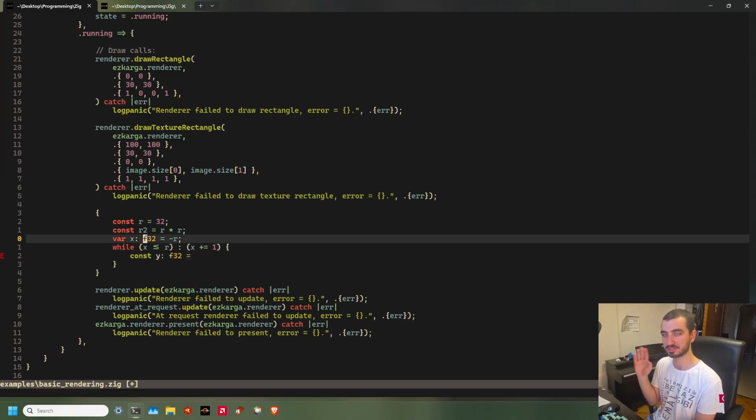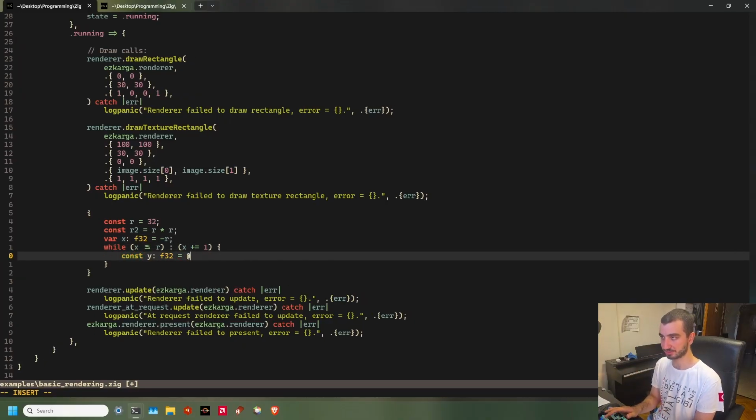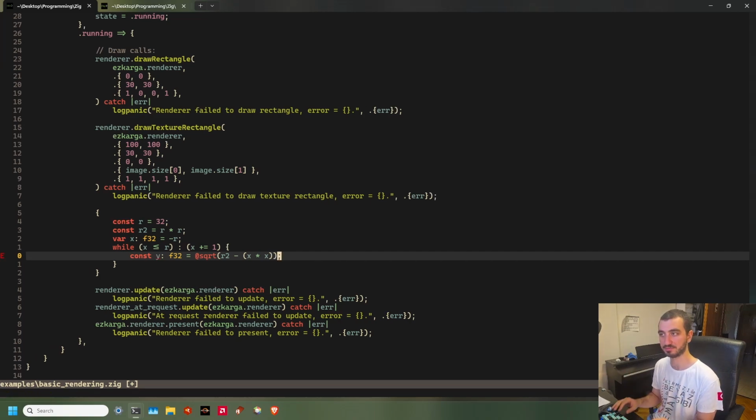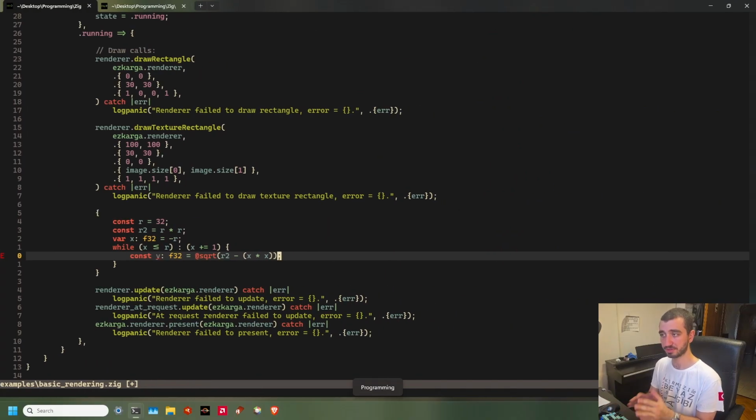We will do integers later. This is going to be the square root of r squared minus x squared, and this is how we calculate the y. This is exactly like the equation here. So we get the y position.